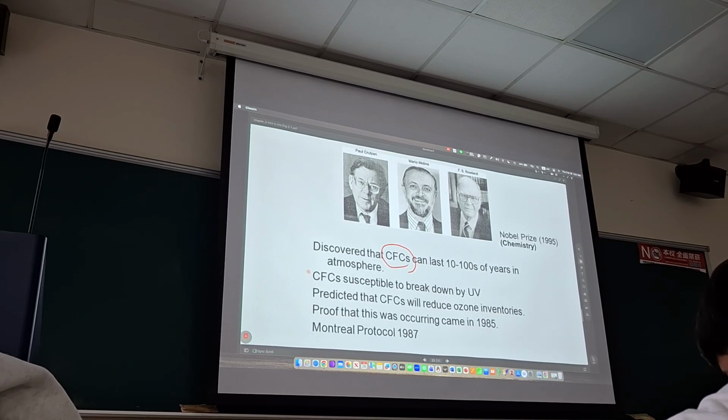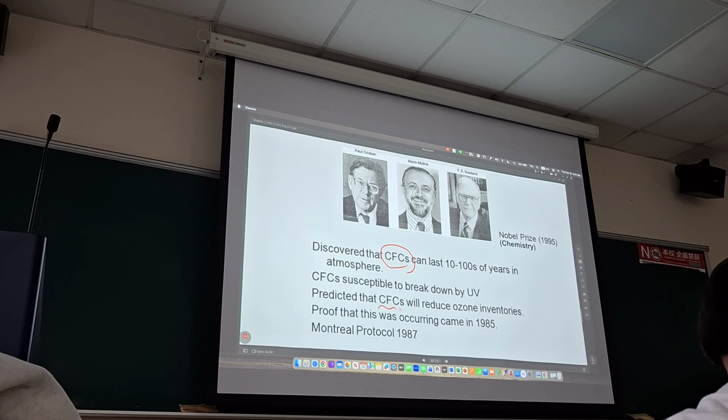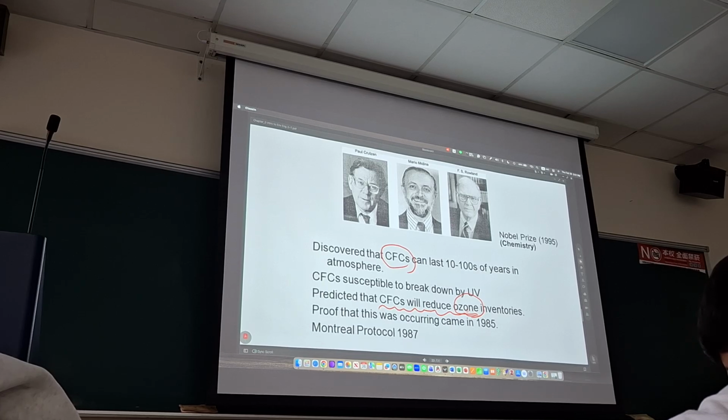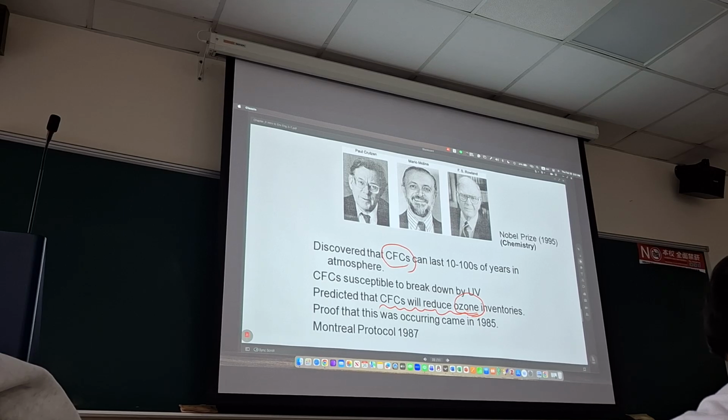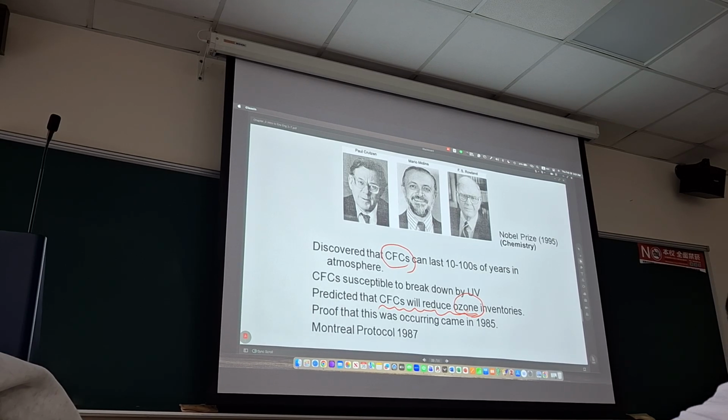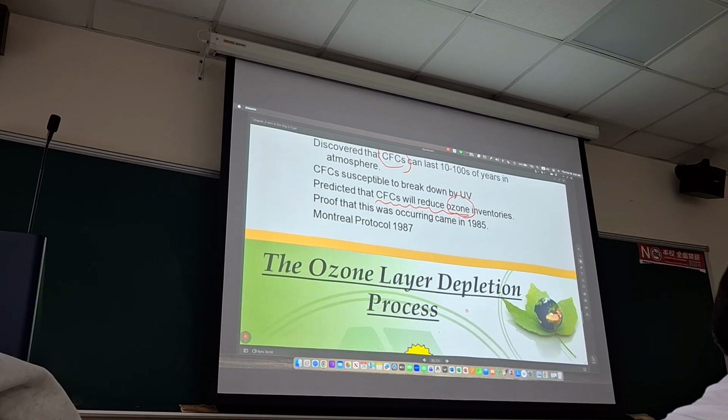So they found that CFCs will reduce ozone. They got this proof in 1985 and received the Nobel Prize in Chemistry in 1995.